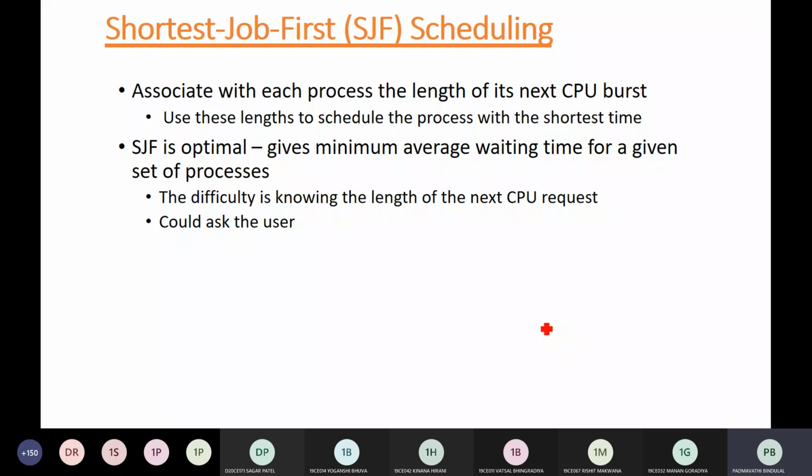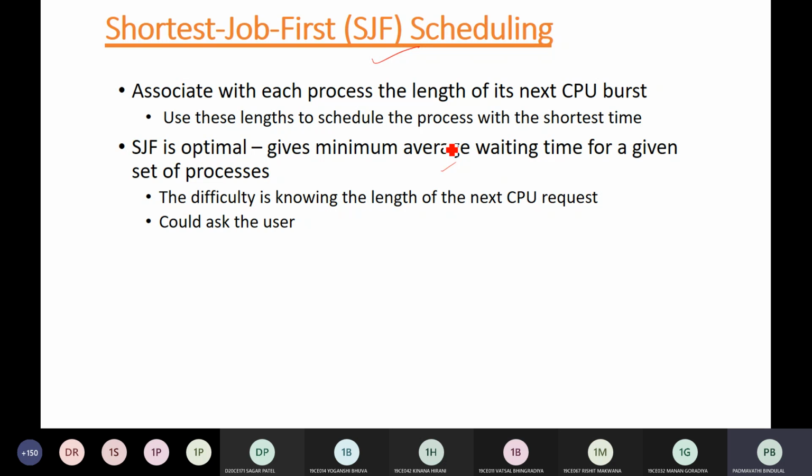To overcome the problems of FCFS, another algorithm was designed, SJF, which we have already discussed. Here we take the shortest job, whichever job is the shortest, and execute it based on the CPU burst.